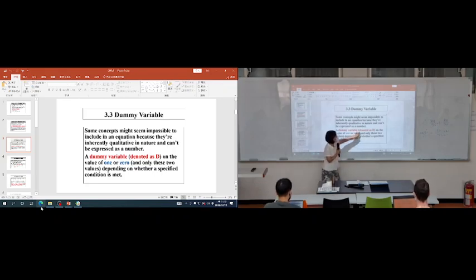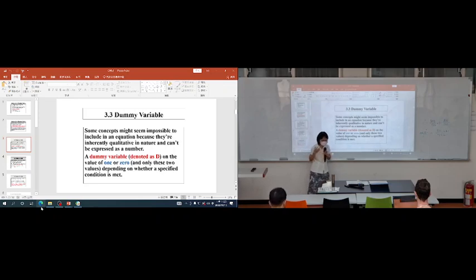So I denote it as a D to identify the qualitative variable, as opposed to the numerical variables. I assign it the values 0 and 1, only these two values, do not assign any other numbers, depending on whether a specified condition is met.